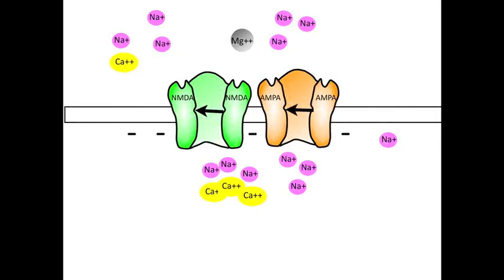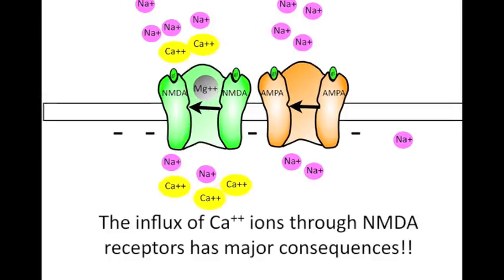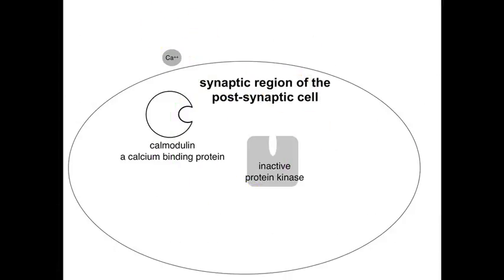The influx of calcium has major consequences because it ultimately strengthens the synapse if the influx of calcium is high, or weakens the synapse if the influx of calcium is low. The reason that calcium influences synapses is due to the action of a calcium-binding protein that occurs in all cells and the action of a protein kinase that is especially concentrated at the synapse.